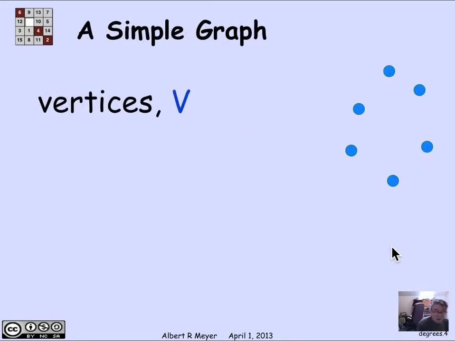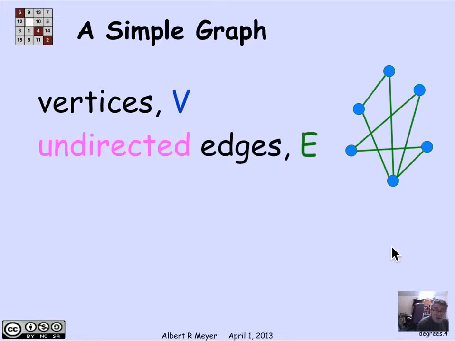So let's just draw a picture. Here's a case where there are 6 vertices V, shown in blue, and there are these undirected edges shown in green. In this case, I see 7 edges in E. There's an example of an edge that goes between two vertices that I've highlighted in yellow and red, and we've made that particular edge dark green.